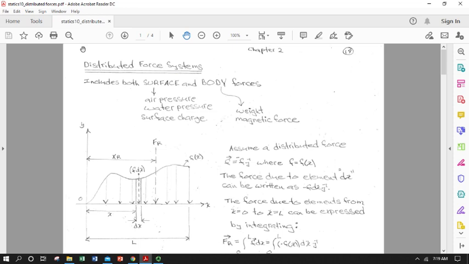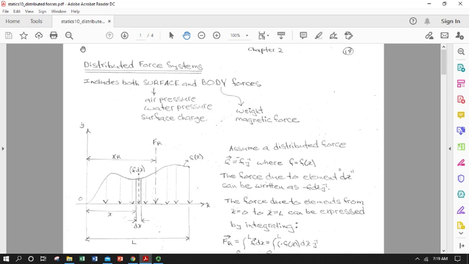Both pneumatic and hydrostatic fall in that category. They act on a surface over its whole area. You can have surface charges if you're working with an electrical system, so the repulsive effect of positive and negative charges will act all over the surfaces.